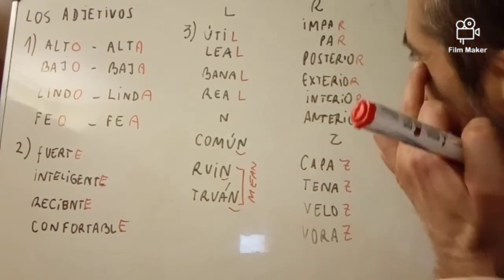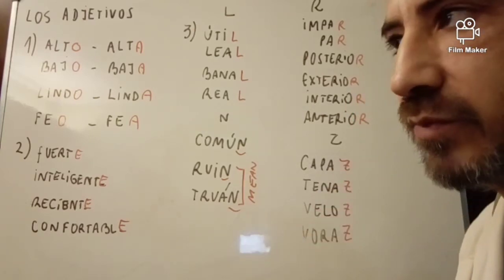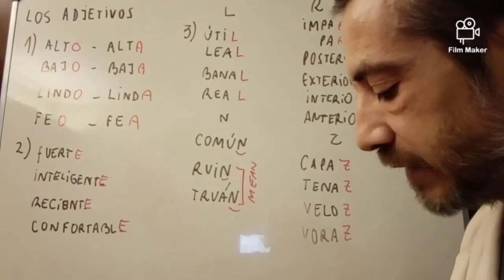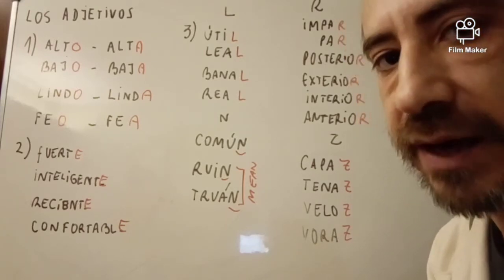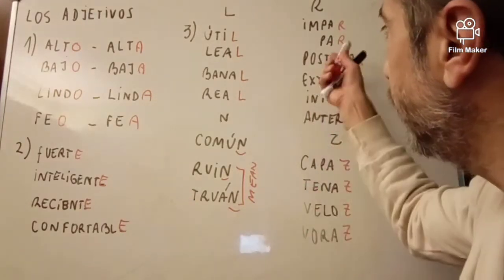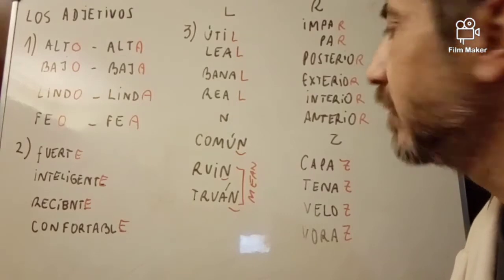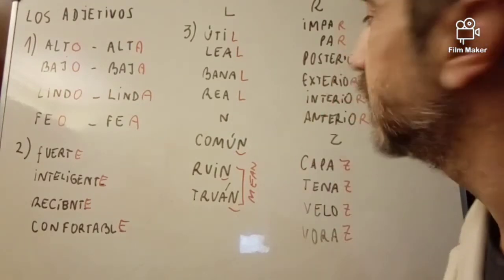Par, when it's an adjective, is not the word pair. In Spanish the noun par, a pair of shoes, and the adjective par, un número par, have the same word.